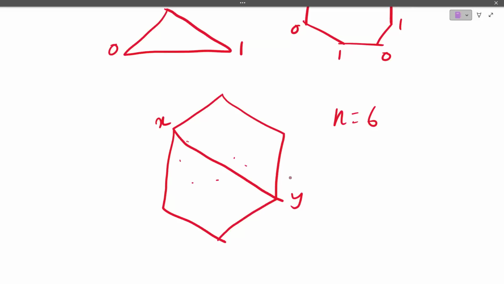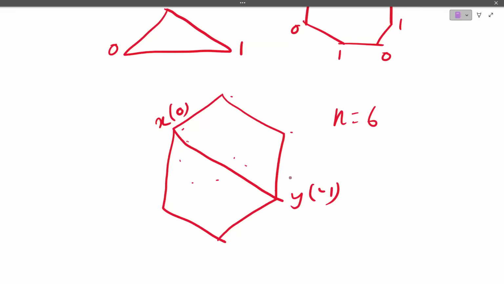Exactly what is the idea? You basically mark x as 0 and you mark y as 1. This we can always do, right? Now, if I mark x as 0 and y as 1, now look at this cycle. This cycle is a 1, 2, 3, 4 length cycle, right? So if this is a 4 length cycle, we know for even length cycles, the simple solution is toggling and alternating zeros and ones.